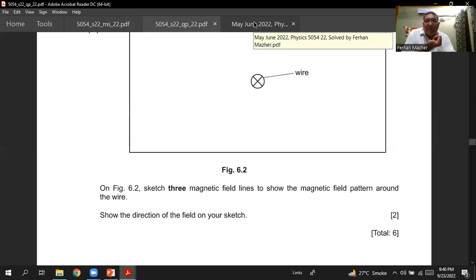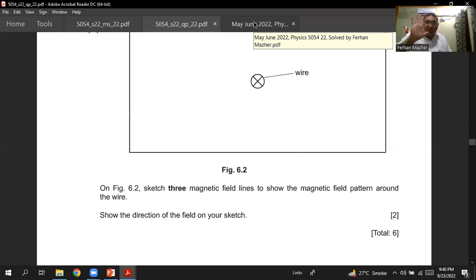My thumb will be pointing into the screen. The curls of my fingers are important. I'm using the right hand grip rule for the straight conductor. The thumb is the direction of the conventional current. The curls of my fingers show me the direction of the magnetic field around that wire.